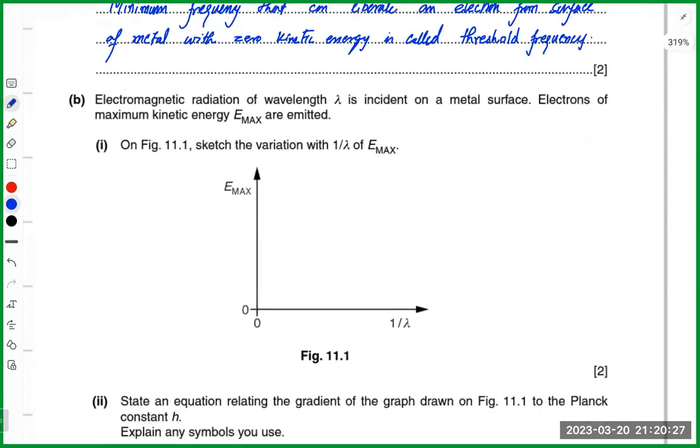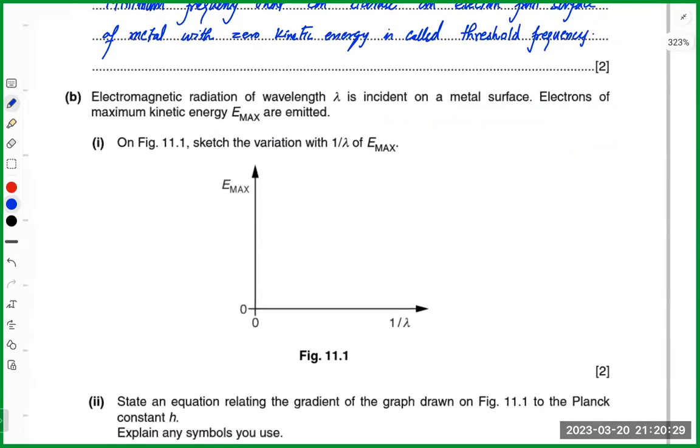Electromagnetic radiation of wavelength lambda is incident on the metal surface. Electrons of maximum kinetic energy are emitted. On the figure, sketch the graph of this. Okay, this is the kind of graph that he's looking for.